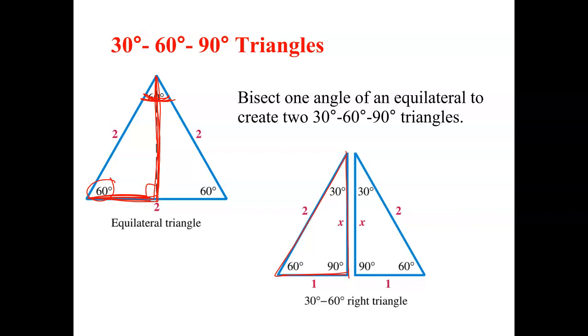Anyone who took AAT, if you memorized the unit circle, you can do that instead, but the special right triangles are what derive that unit circle. So we're going to focus on the special right triangles.